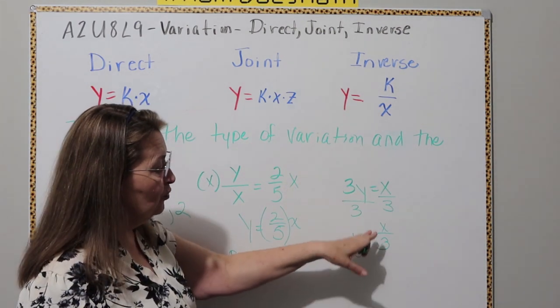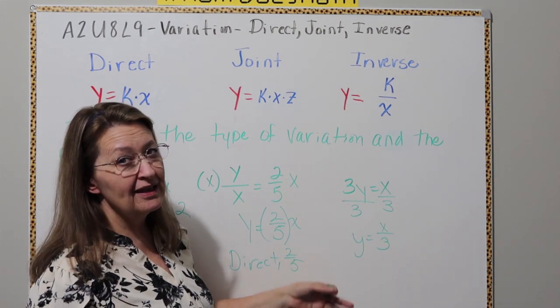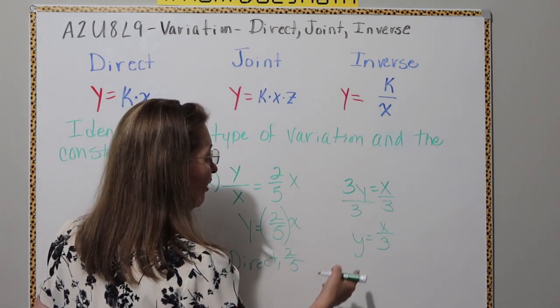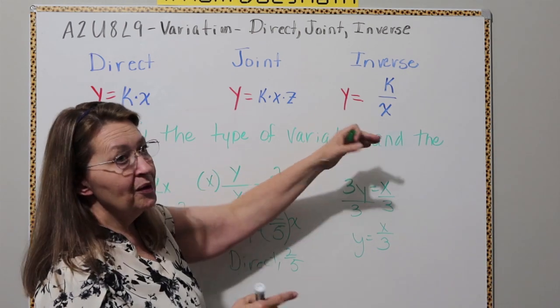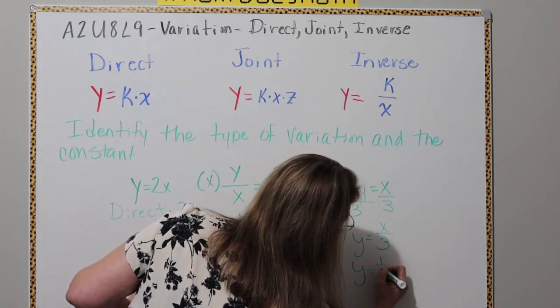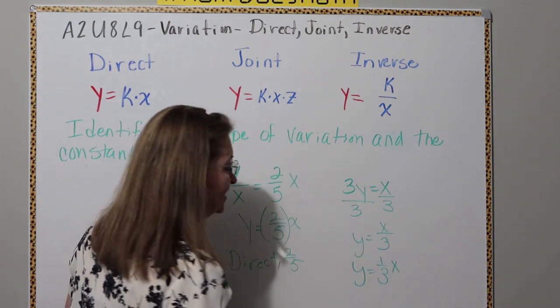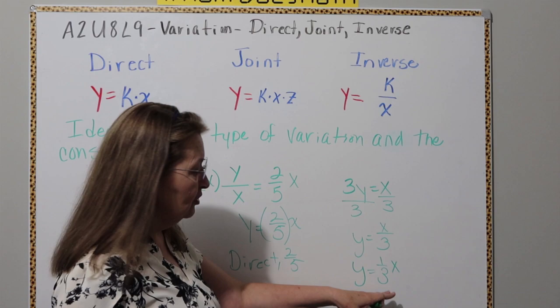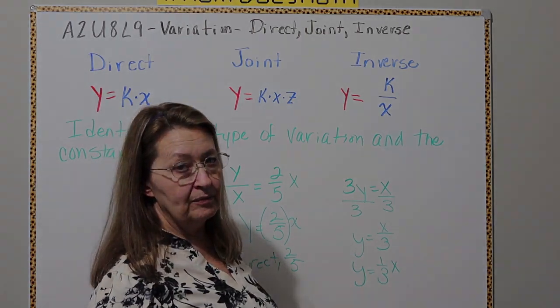And we don't have that here. We have x over a constant. Since your x is on top and your constant's on the bottom, that's how you know it is not inverse. What it is is 1/3 times x. So this is also a direct variation, and your constant is 1/3.